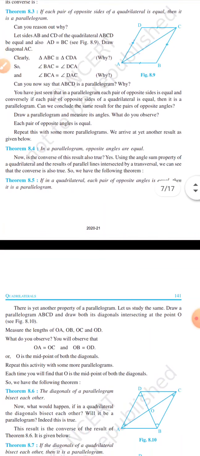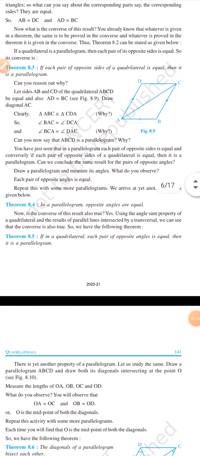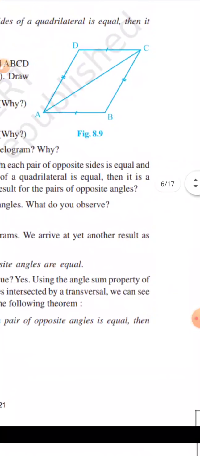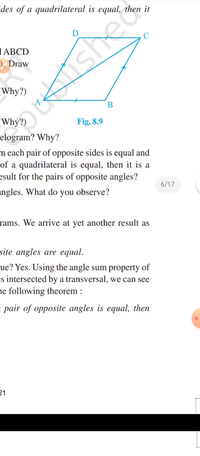Now moving on to the next, in a parallelogram opposite angles are also equal. So as we proved the congruency of these two triangles, right, this triangle ABC is congruent to triangle CDA.